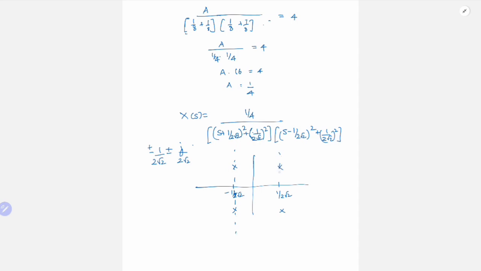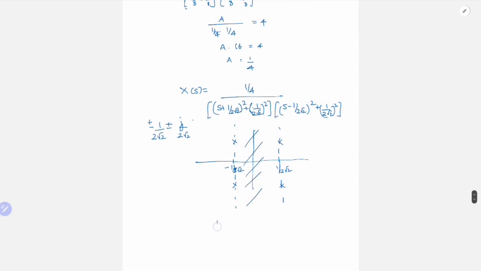So what will be my ROC? This region, because it is a two-sided signal, right? So your ROC is real of s less than 1 by 2 root 2 and greater than minus 1 by 2 root 2. So this is our answer.